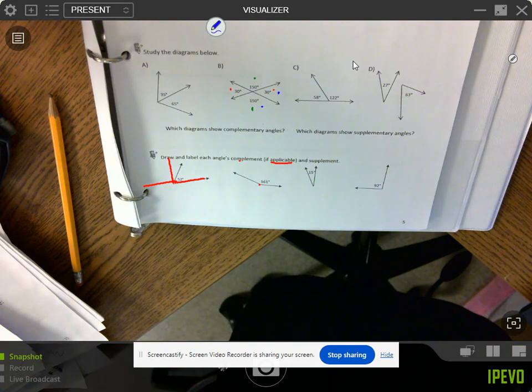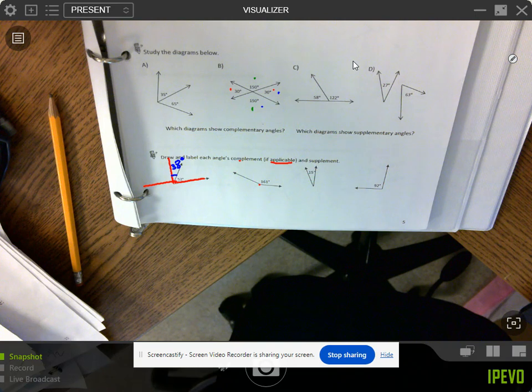So right here, what angle do I have to make it complementary? 38 degrees, because 90 minus 52 is 38 degrees. So that's one angle. My complementary angle is 38 degrees.